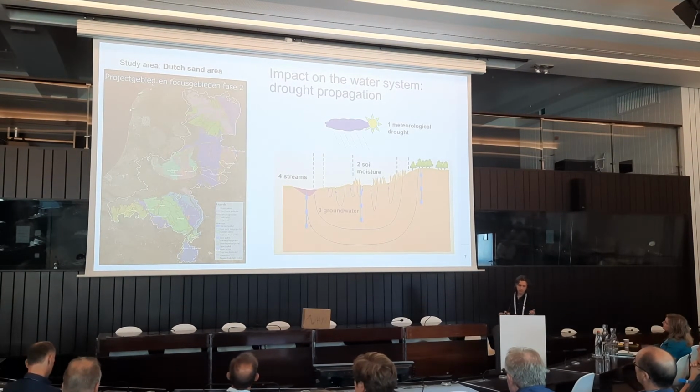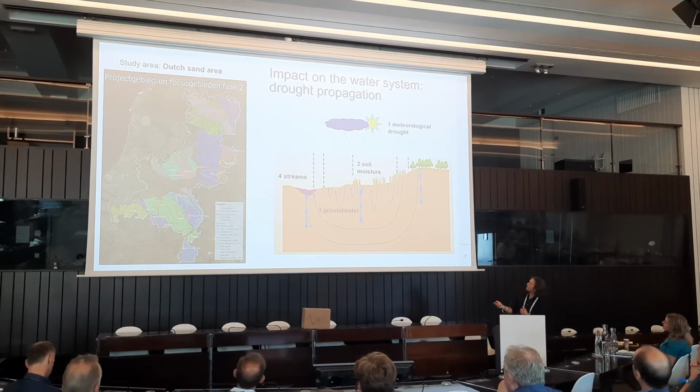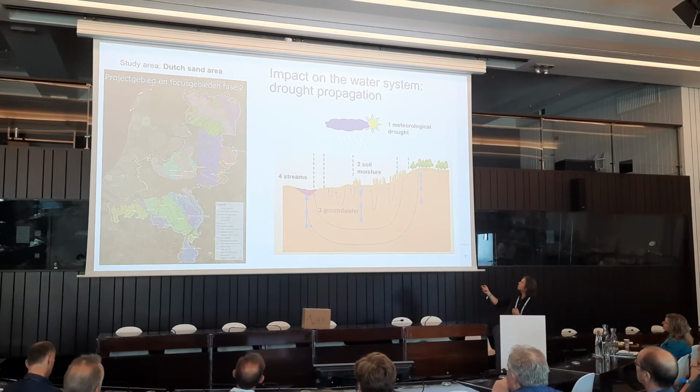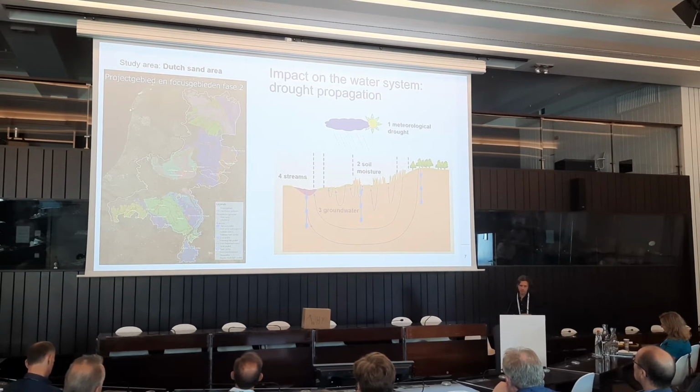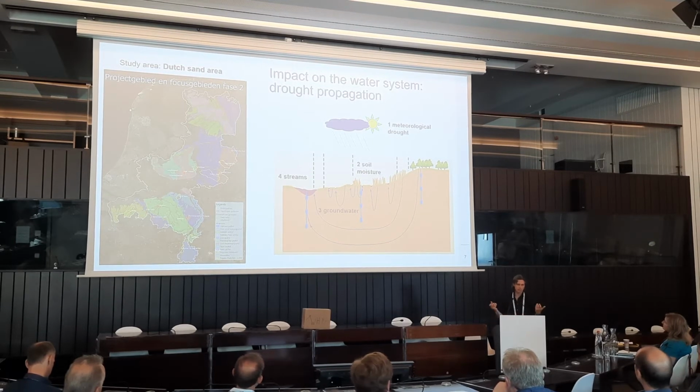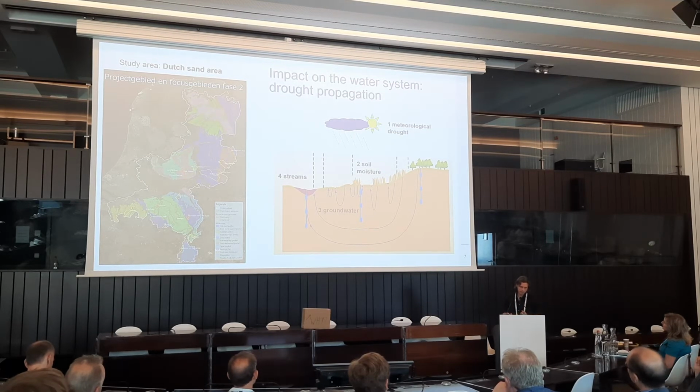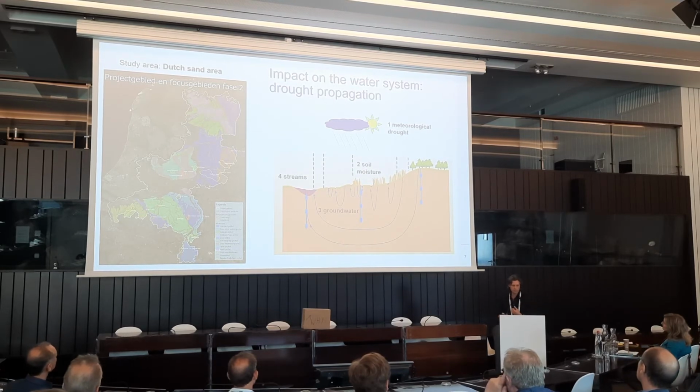If you look at a typical sand area situation, we have higher areas where water is infiltrating towards the brook valleys. A drought starts, of course, with the weather: less precipitation, more evapotranspiration, and then it propagates to the soil moisture. First, plants find it more difficult to transpire, and then it propagates to the groundwater system.